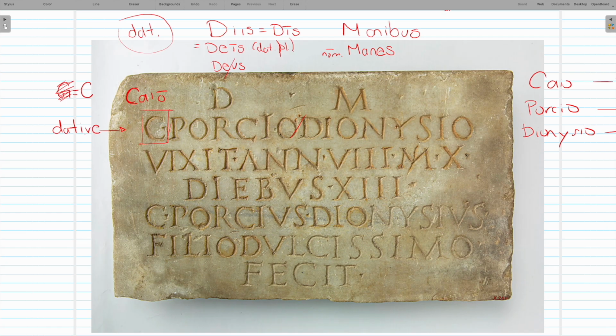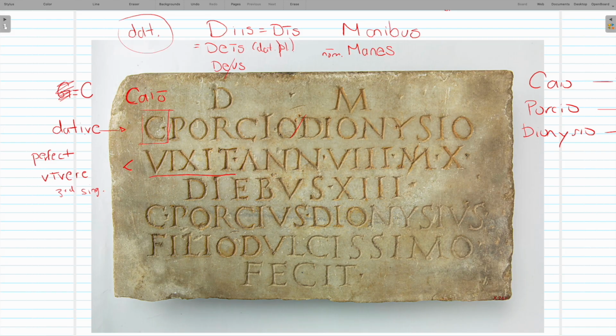That's why you find the endings here, even Porcio Dionisio, that is the singular masculine ending of the second declension, right? Then you find the verb vixit, and this vixit is the perfect of the verb vivere in the third person singular.